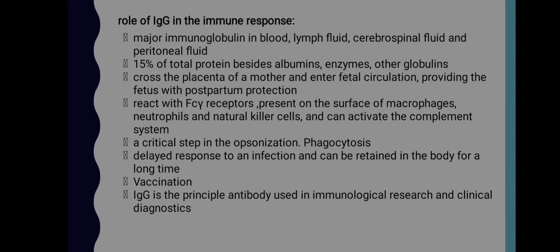It reacts with Fc gamma receptors present on the surface of macrophages, neutrophils and natural killer cells, and it activates the complement system of the body. Critical step in opsonization and phagocytosis.